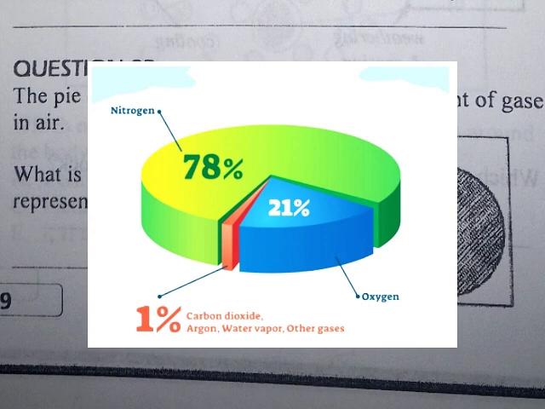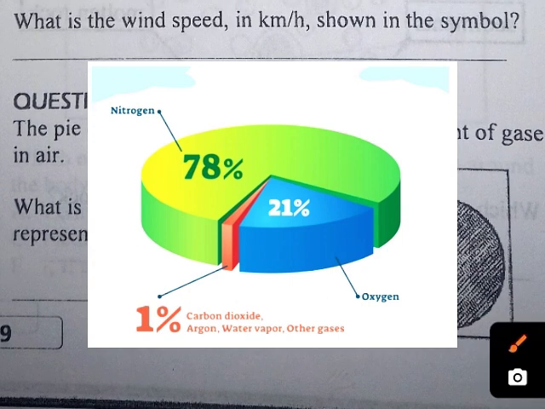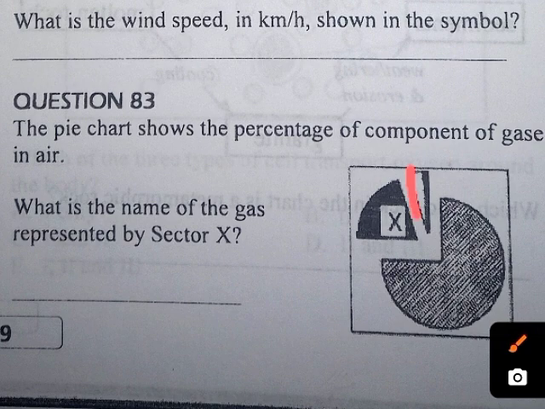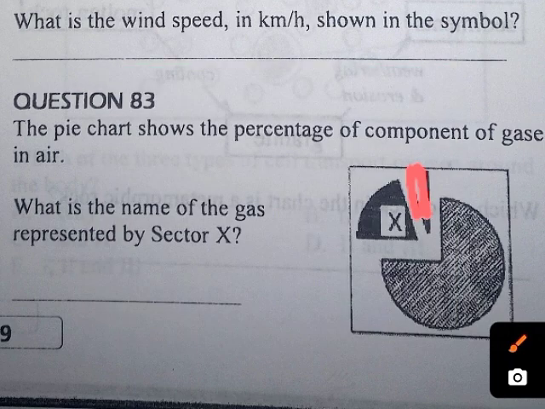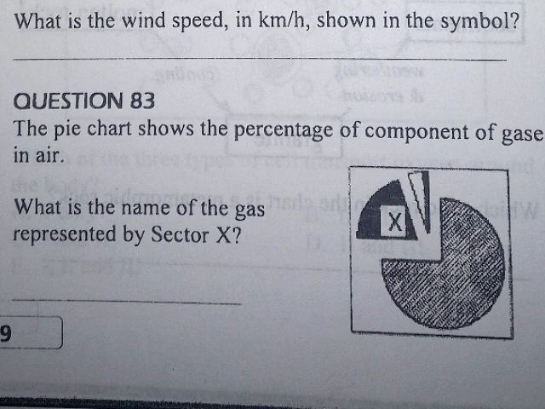And then the last part, this line here, represents the trace gases like argon, carbon dioxide, carbon monoxide, dust, whatever gas, known as trace gases. So I think the X must be oxygen. So our answer for question 83 should be oxygen.